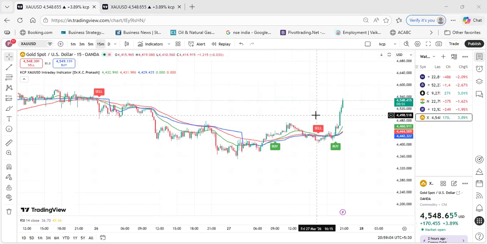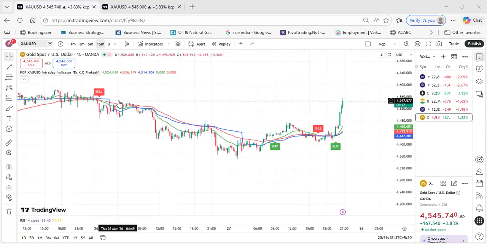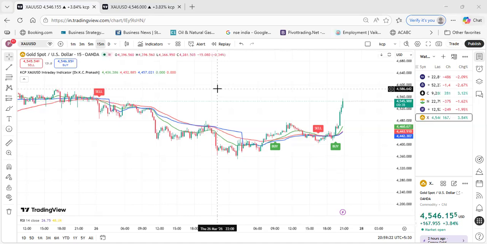If you trade gold and XAUUSD, that is Forex, and still feel confused about the trend, you are missing this indicator, and this indicator is freely available in TradingView. You just use it for free and trade and see the results. Most traders lose because they enter late, they get trapped in fake breakouts, and they don't know the real trend.